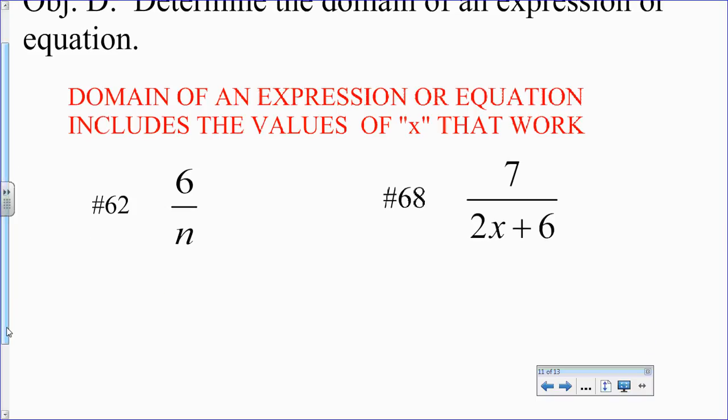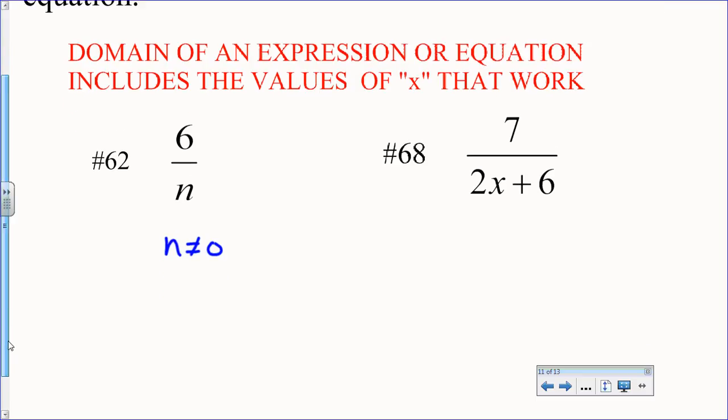So n cannot equal what? 0. I cannot divide by 0. So when I have a rational expression, the values of x that would give me 0 are my disclaimers. Those are the issues.